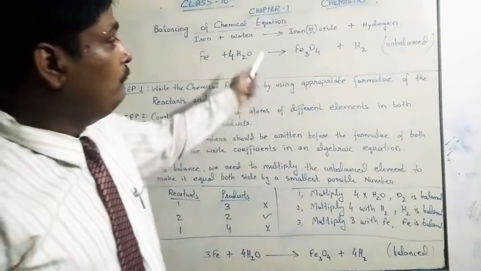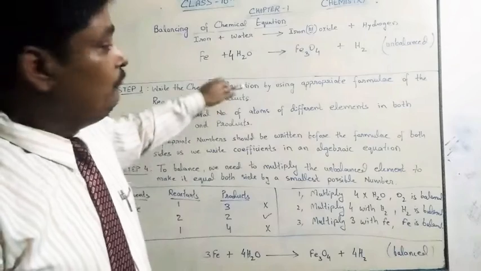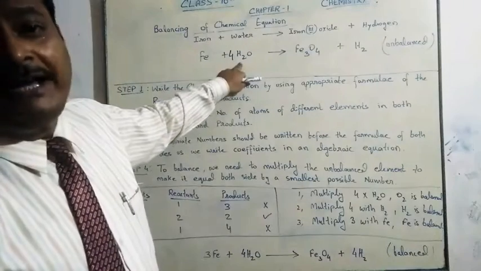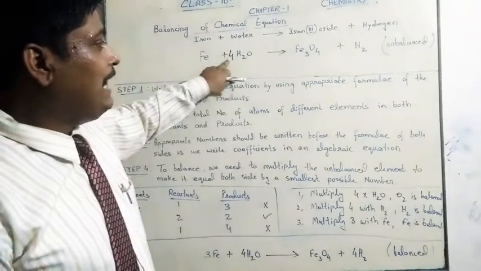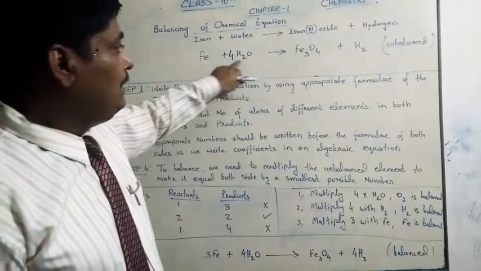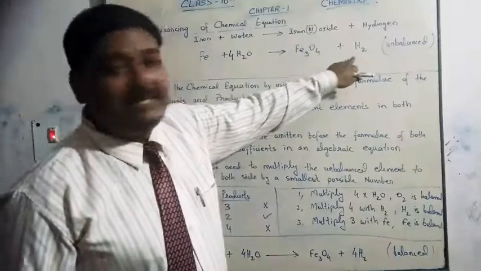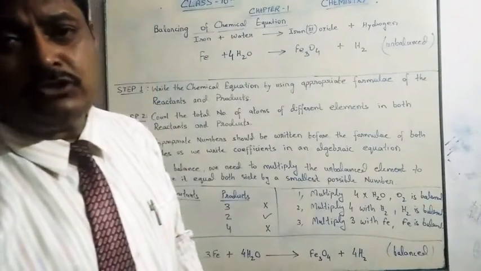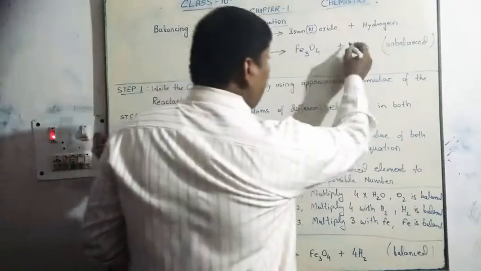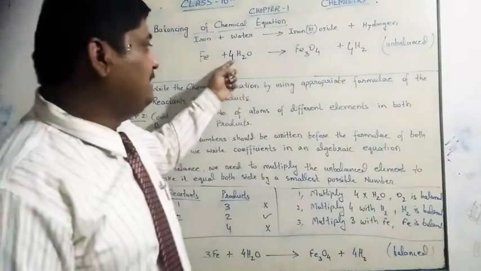But when we put 4 in front of water, we are also increasing the number of hydrogen atoms. Here hydrogen is increased to 4 into 2, that is 8. So we need to increase the number of hydrogen atoms here also. If we put 4 over here, hydrogen is balanced again.